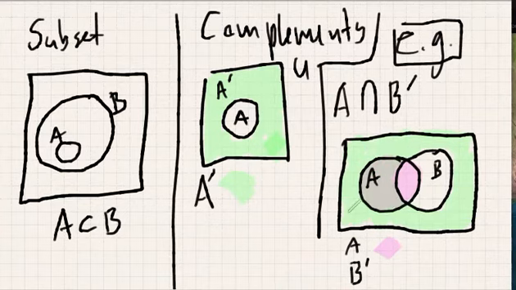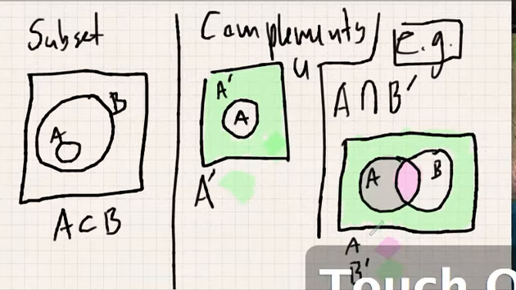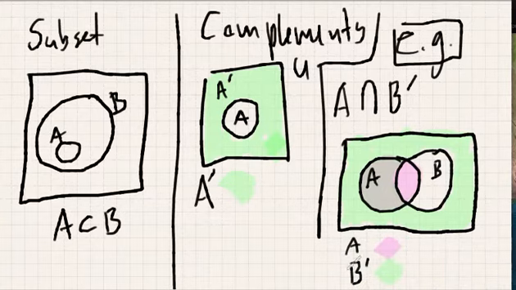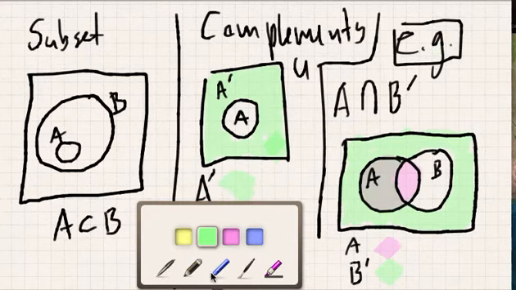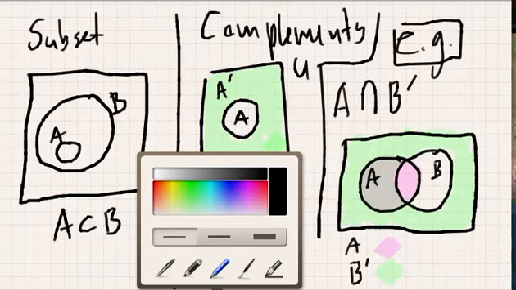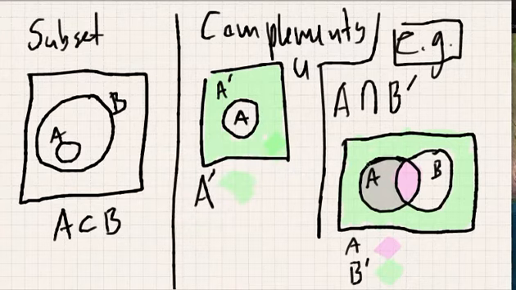So what ends up being the intersection between A and B prime? It just ends up being this sort of gray colored shape right here.